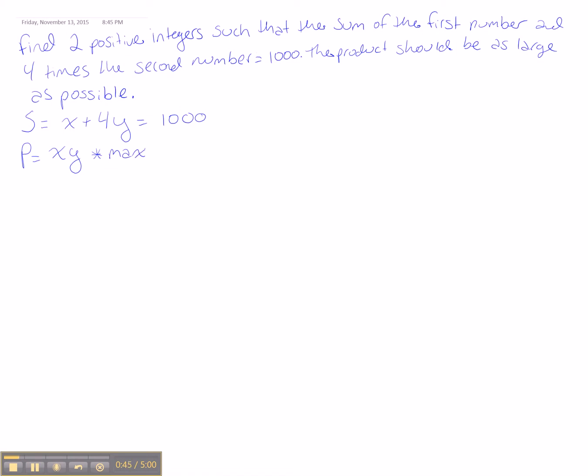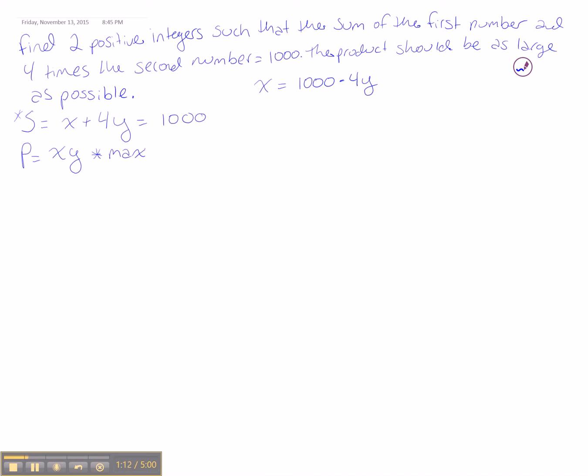So first we can do a little bit of algebra to get rid of one of the variables. So we'll make x equal 1,000 minus 4y. All I did was subtract 4y from this function over here, the regular sum, to get an equation where it's just x equals.